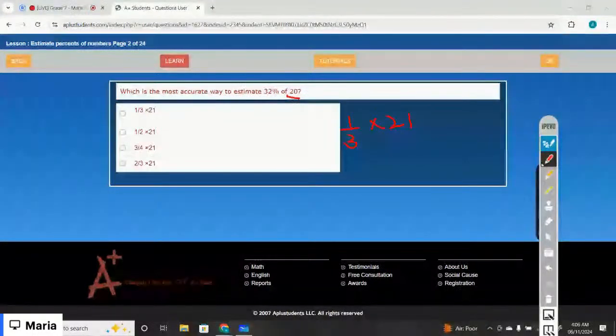So that is 1 by 3 times 21. Option number 1 is the correct option. It is 1 by 3 times 21.